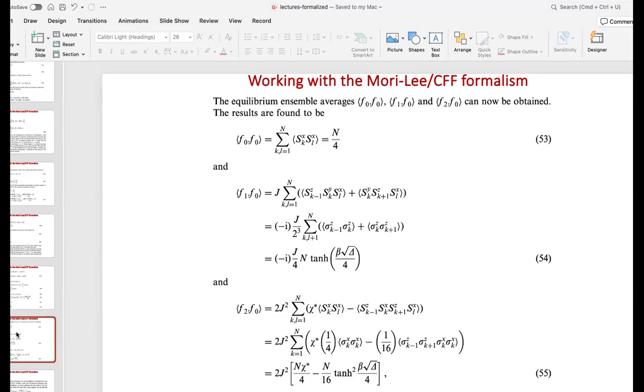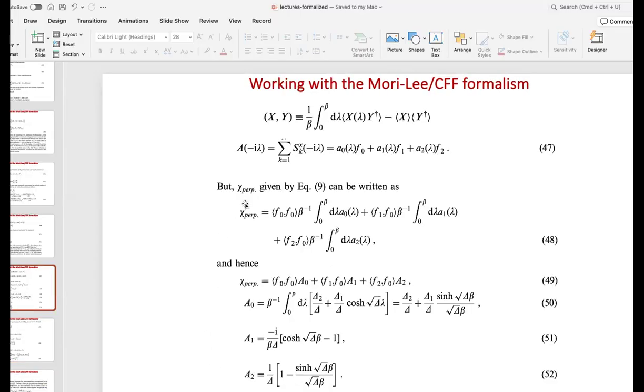So nearest neighbor is tan, second neighbor tan squared, third neighbor tan cubed, fourth neighbor tan fourth. It was tan to the power r, where r is the separation. That's why you got this result for F2, F0, which you now plug back into our formula here. Here, F0, F0, F1, F1, F0, F2, F0. That's what we have now calculated here.